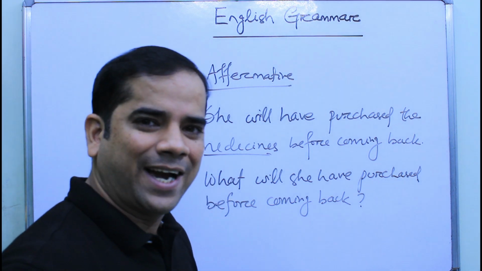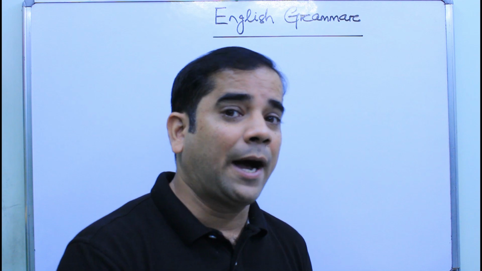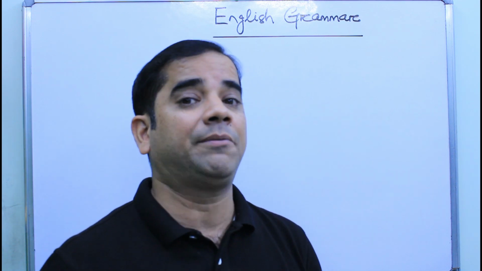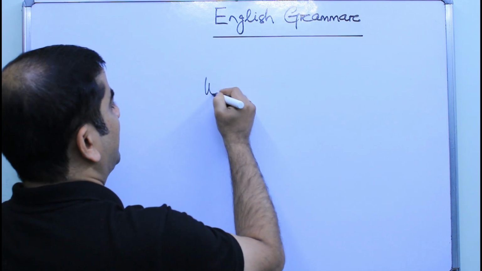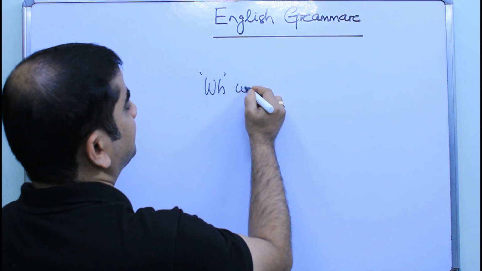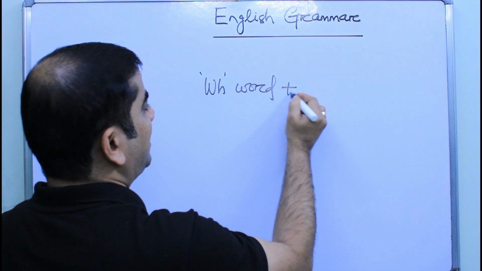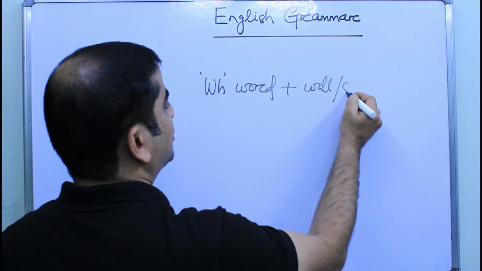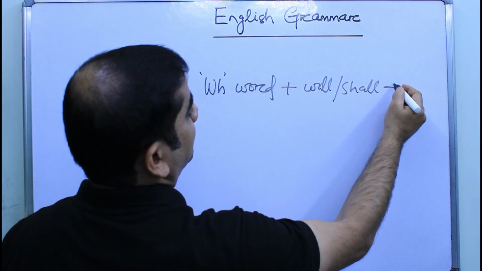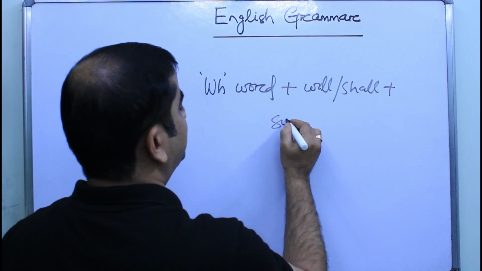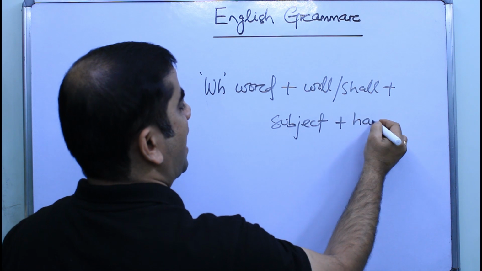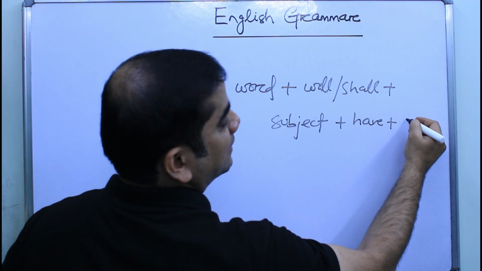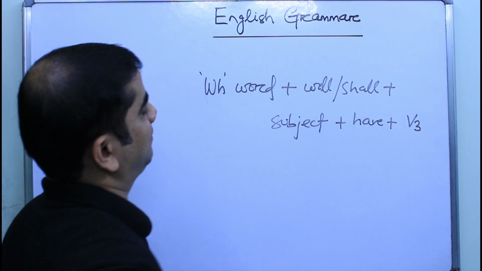Okay, hope you understand. So what should be the formation of the interrogative sentence using a WH word? That should be WH word, then will or shall, then subject, then have, then verb 3.